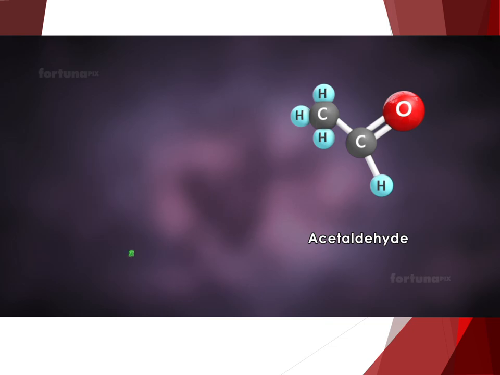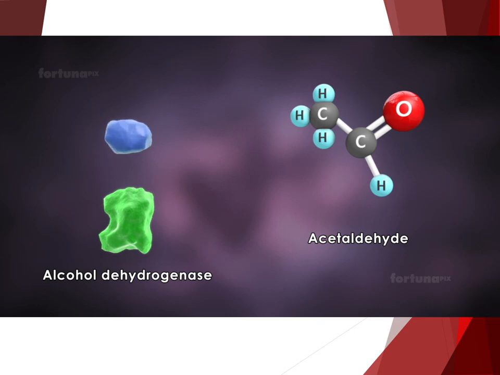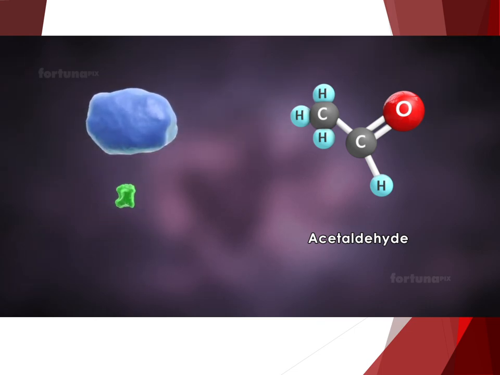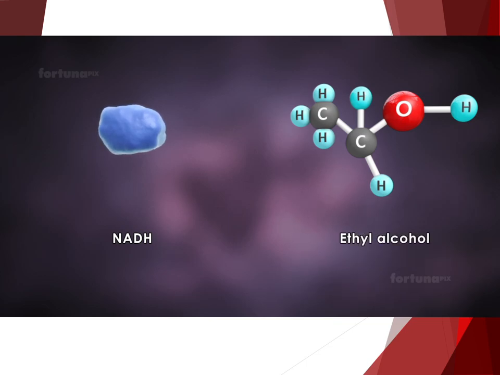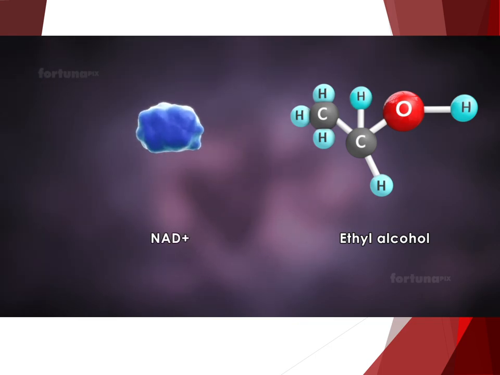An alcohol dehydrogenase enzyme will catalyze the reaction between nicotinamide adenine dinucleotide, NADH, and acetaldehyde. NADH will reduce. In this case, hydrogen will be added to acetaldehyde and will be converted to ethyl alcohol. NADH will be oxidized to NAD+ and will be available for glycolysis.